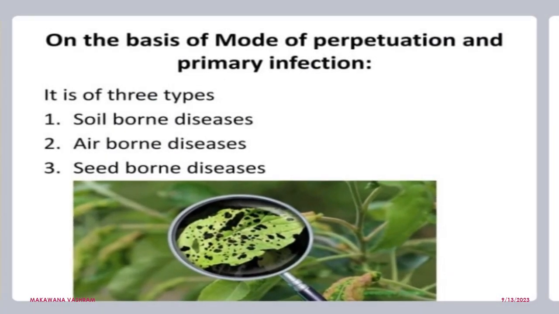So on the basis of mode of perpetuation and primary infection, it is of three types: soil-borne diseases, airborne diseases, and seed-borne diseases.